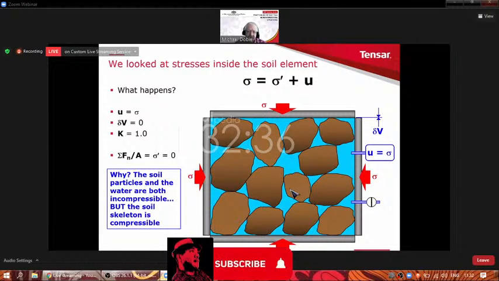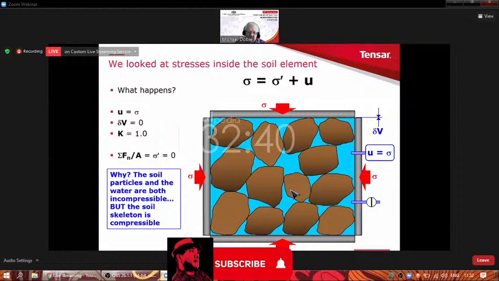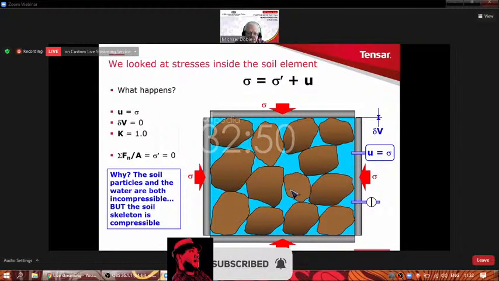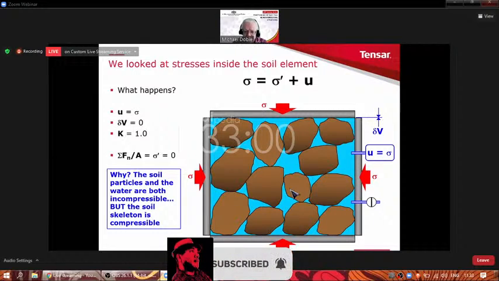And the important point is to understand why. Why is this the case? It's like this because in this system, the assumption is, certainly at the level of soil mechanics, that the soil particles and the water are both incompressible. But the soil skeleton itself, the assembly of soil particles, is compressible.